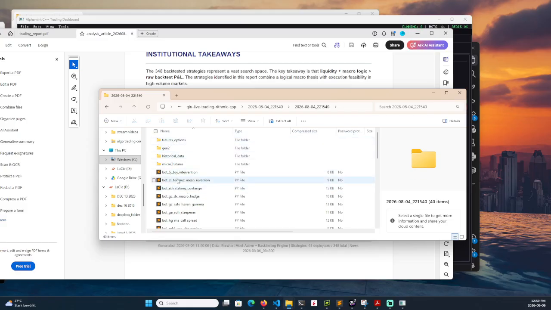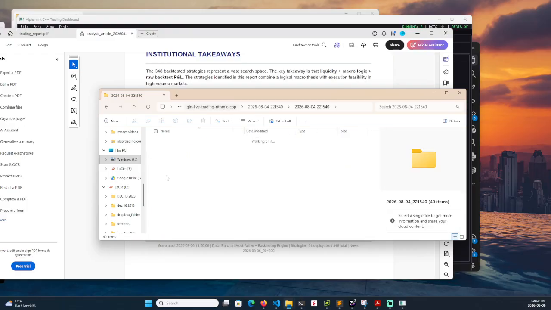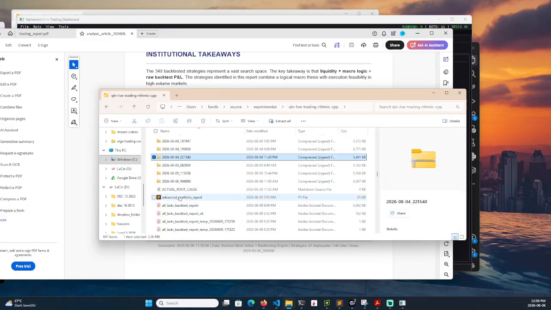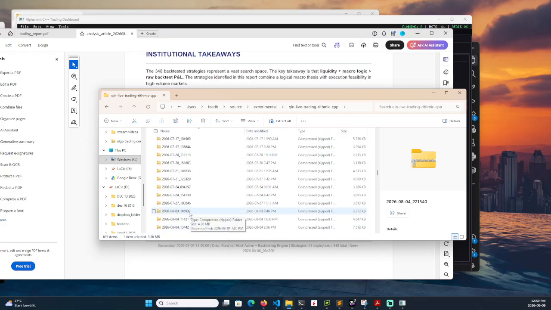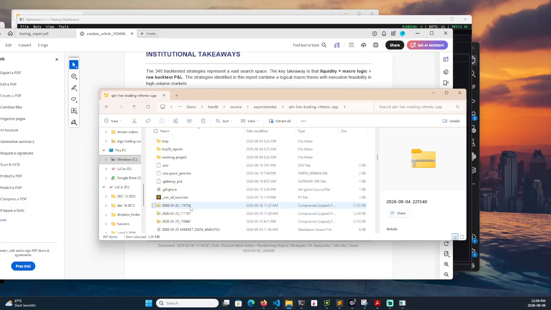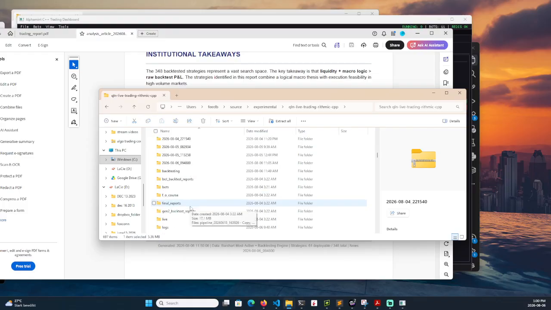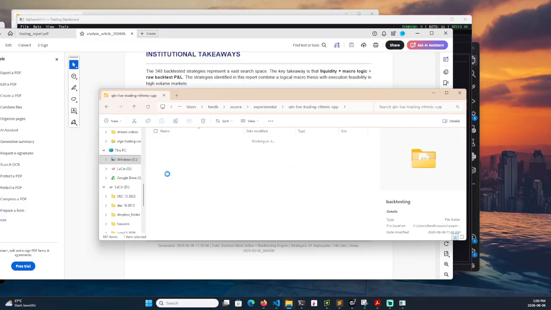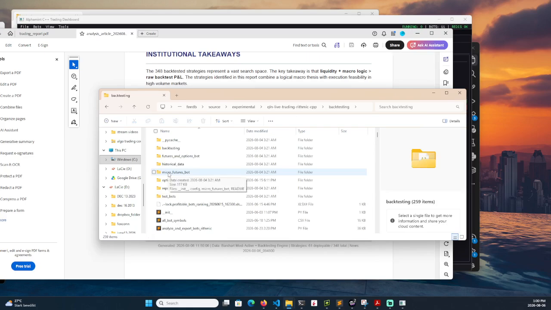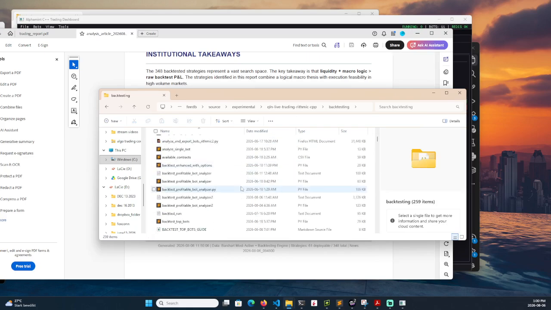So in here we have, oh, I remember. Right here we have a backtesting folder. Yeah, right here. Okay, so what I'm going to show you is pretty monster files.